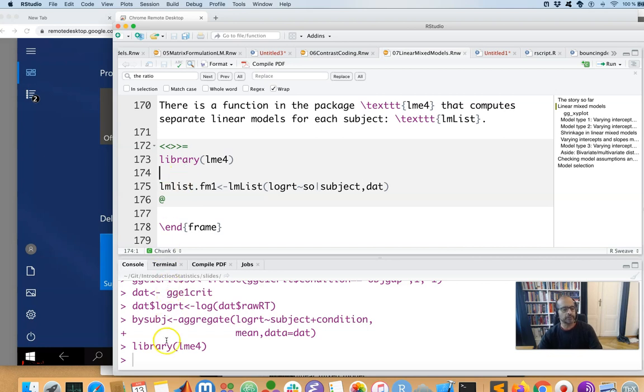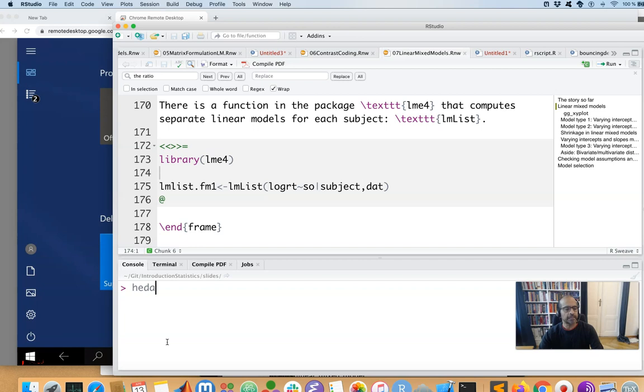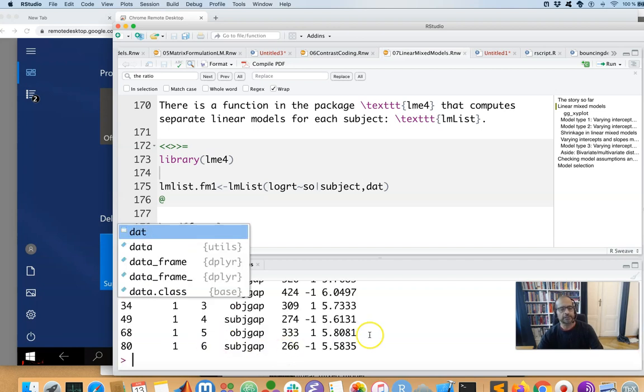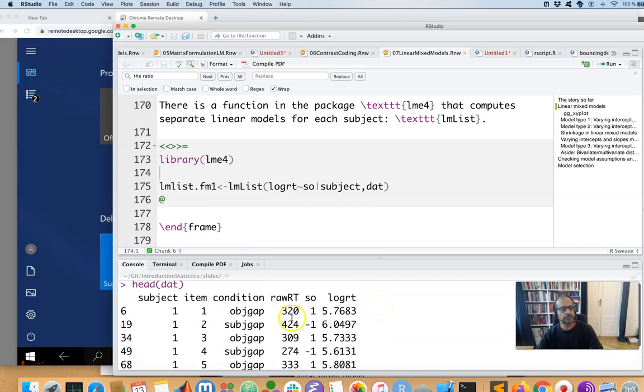I just want to remind you what the data frame looks like. We have a column for subjects, a column for items, and a condition column which marks the subject and object relatives. We've got the raw RTs which we are not using. We created a new vector called log RT that contains the log transformed version of the data.